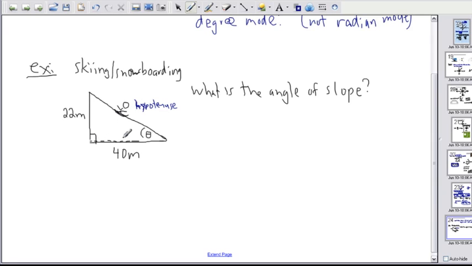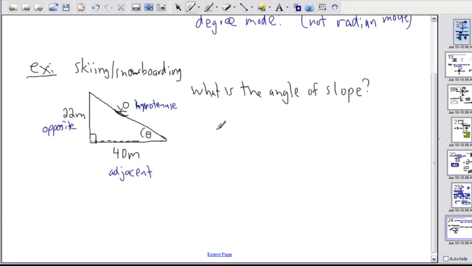Which sides then become adjacent and opposite? Remember, if this is the angle here, the one across from it becomes opposite. The other one is the adjacent, which means beside it. But remember, this one here is not adjacent, that one's the longest one. So this is H, this is A, and this is O.